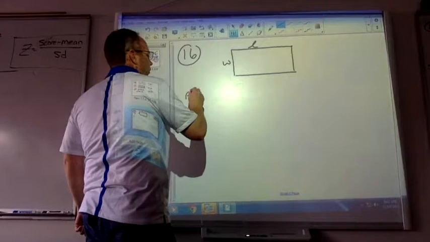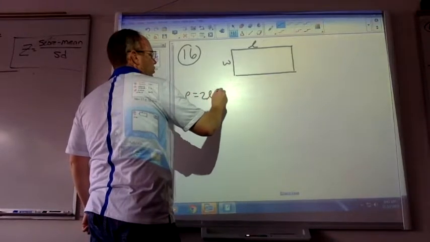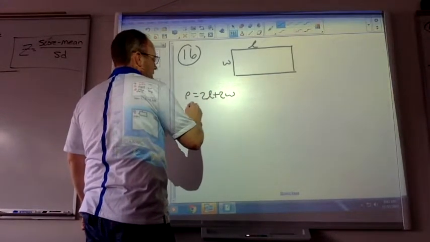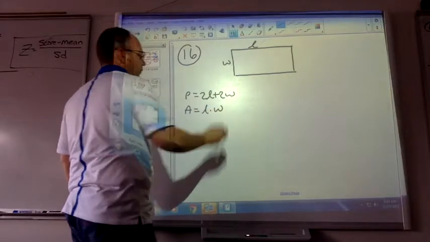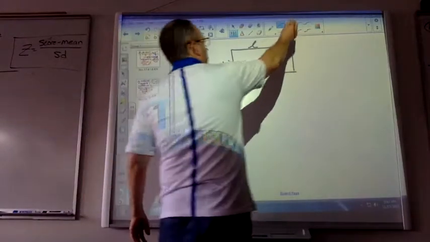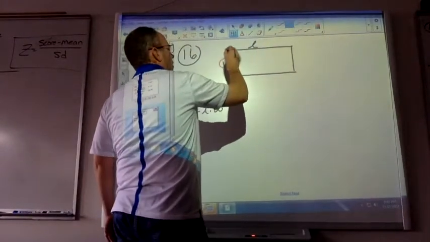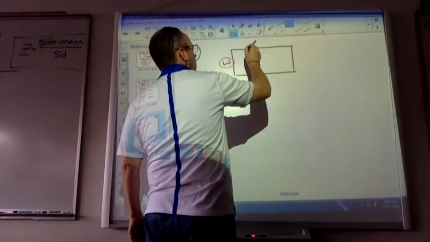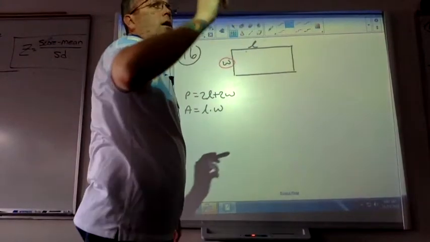We know that our perimeter equation is 2 length plus 2W. We also know that the area of a rectangle is length times width. I don't know if we would need that, but those are just some go-tos that we could know. The length of the rectangle is 4 more than twice the width. So if the width is W, then the length has to be, what did it say about the length?